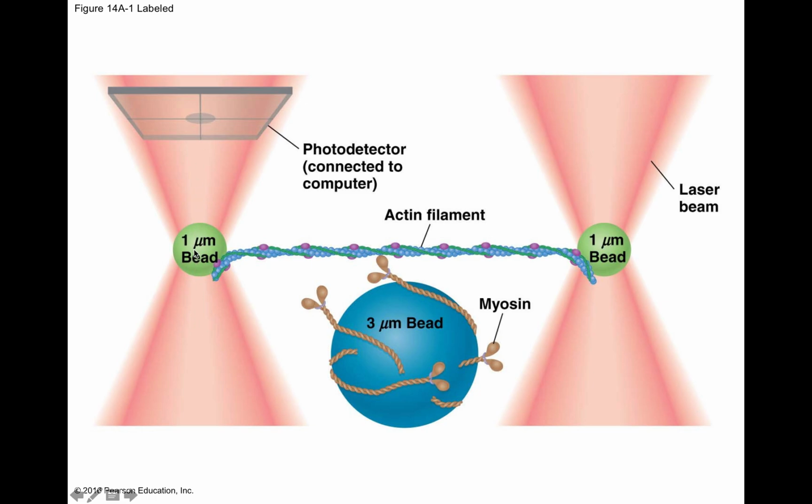So you have a laser on this side and a laser on this side holding, in this case, an actin filament, because they're using myosin as a motor molecule to measure strength, but you could also do kinesin and have this be microtubules. But the motor molecule is going to pull on this bead, and you can measure the force at which it's pulling by how much laser energy you have to exert in order to keep this bead from moving.